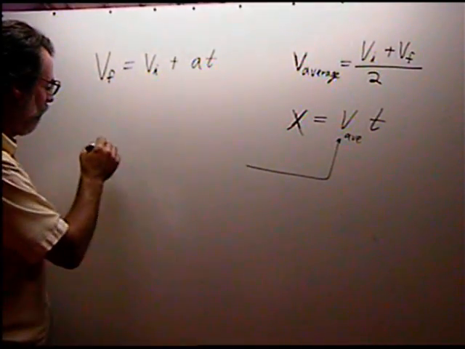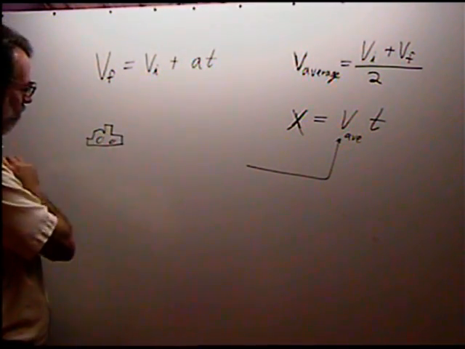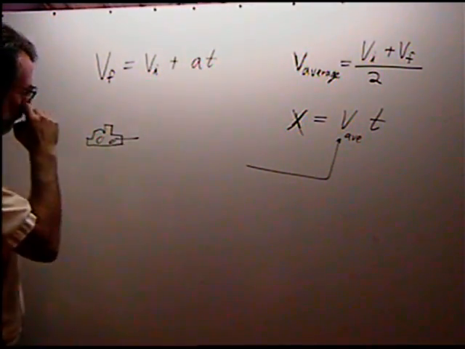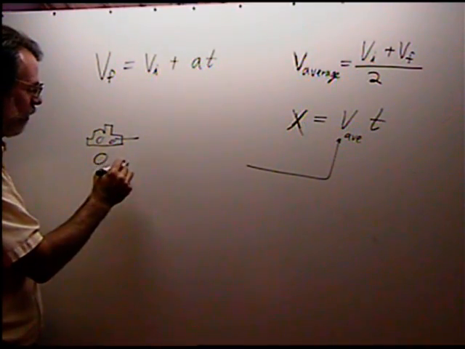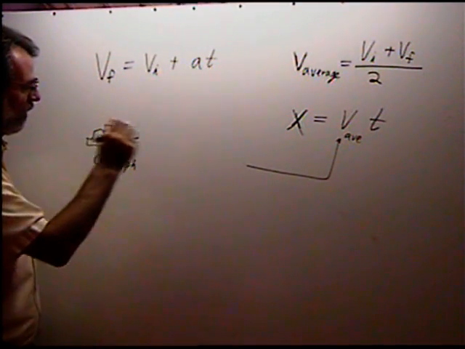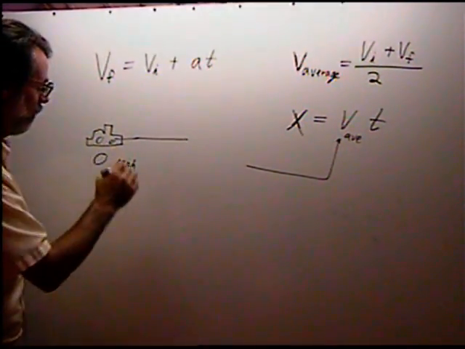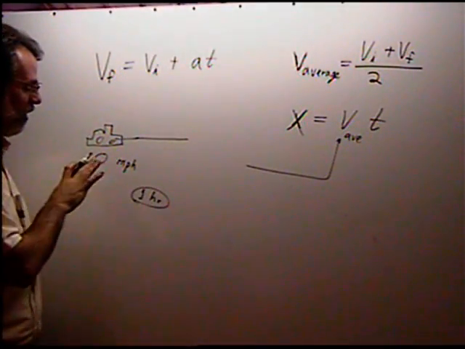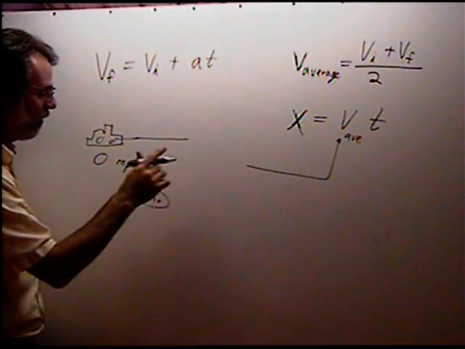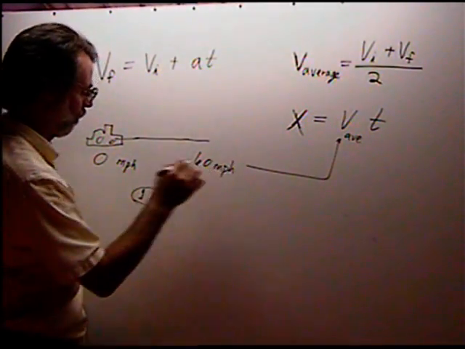Suppose you're starting off in a car. Here's your car. And you're traveling a certain distance, and you start off slowly at 0 miles per hour, and over the course of 1 hour, you accelerate continually but very smoothly from 0 on up to 60 miles per hour.